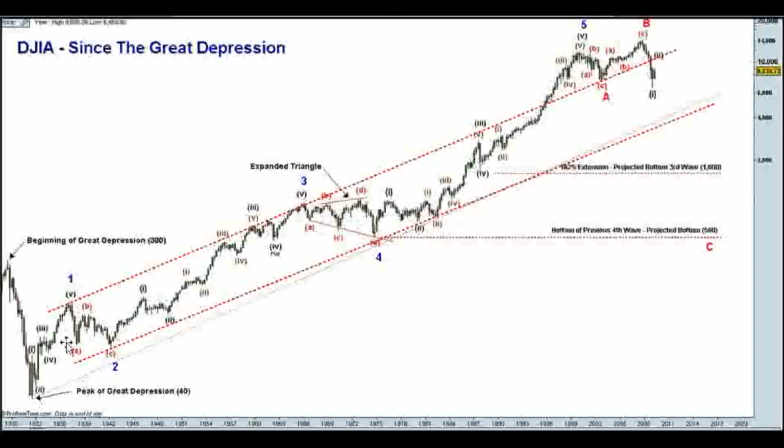There are basically 5 waves that I can count up, and they looked fairly succinct. So this to me looks like wave 1 up, and I count 1, 2, 3, 4, 5. And what's interesting about this is, okay, so 4 does not overlap 1, but look how long 5 is compared to 3.